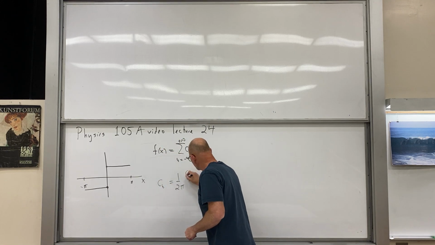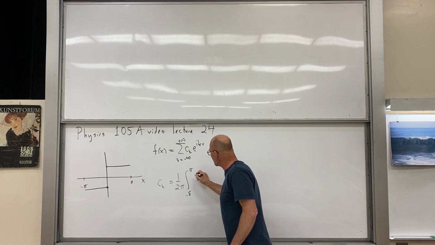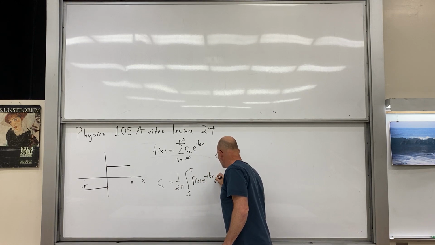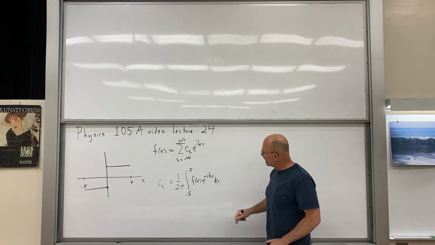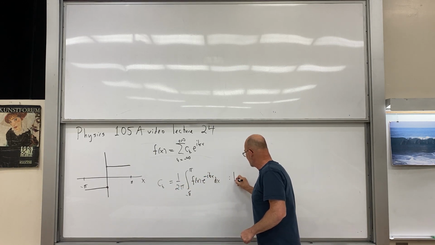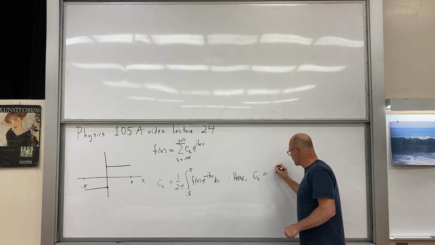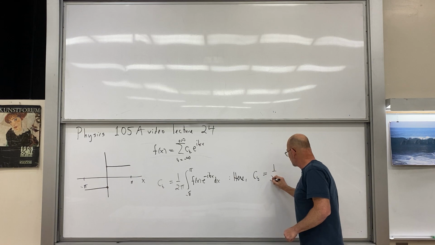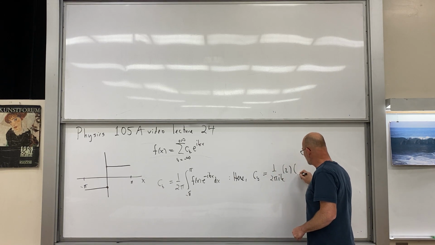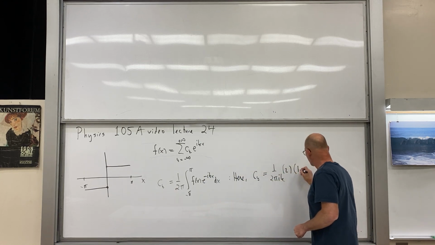We had just done this integral, f of x e to the minus I kx dx. So we had just found these c sub k's. What we had was 1 over 2 pi I k times 1 minus e to the I k pi.